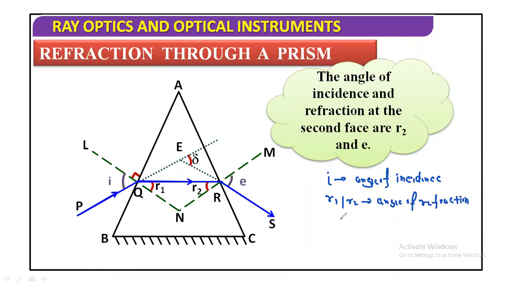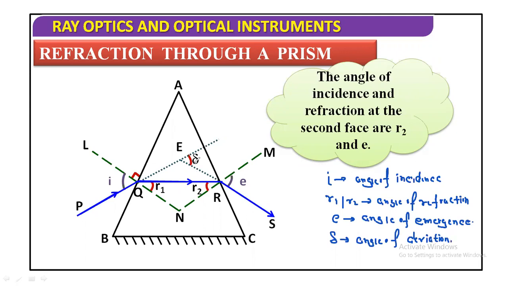And this E is called angle of emergence. And this delta is called angle of deviation.